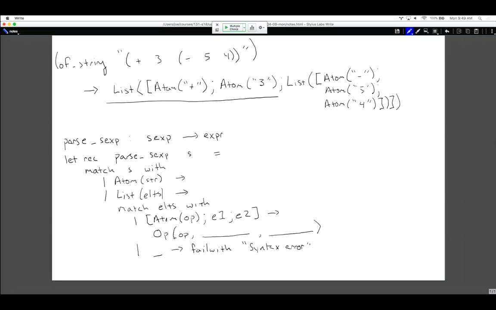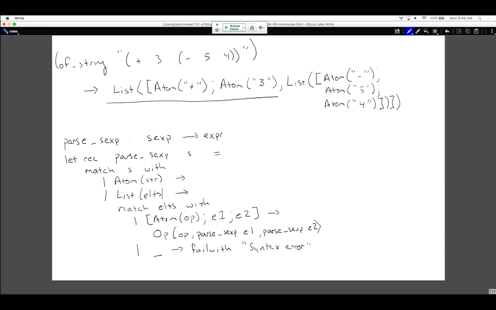So in both of these places, we can recursively call parse sexp on the 2 corresponding expressions. And as long as those succeed and don't hit this syntax error case, we should get back 2 expressions that represent the nested expressions there.